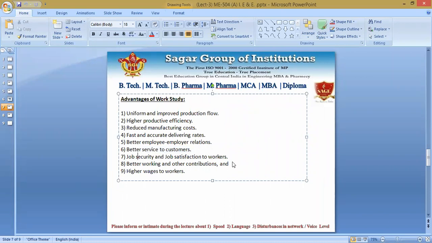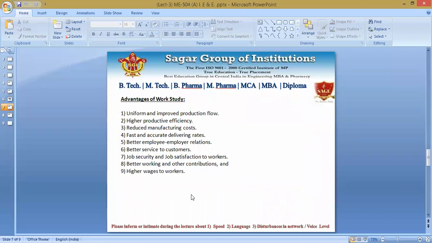Then come job satisfaction and security also. Automatically, if relations are healthy, job security and satisfaction will go on increasing, then better working and other contributions will come, and higher wages to the workers would be the final result.